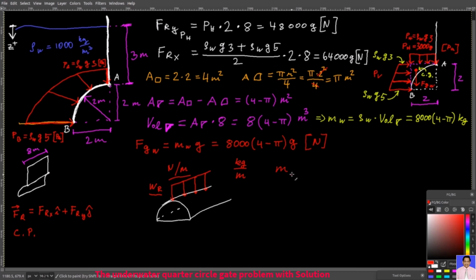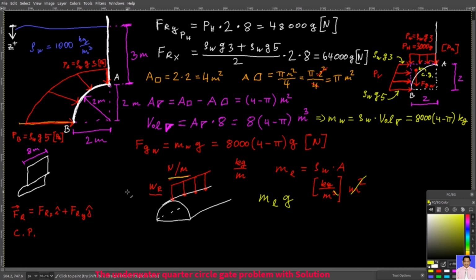That's why we had mass per unit length, where we took our density and multiplied it by area. So you had kilograms per cubic meter here and square meters here, and so you ended up with kilograms per meter. We did not multiply the density of water in kilograms per cubic meter by volume in cubic meters, but rather by area in square meters. And that's why we got kilograms per meter and not kilograms. And then later, when we multiplied mass per unit length by g, we got newtons per meter.